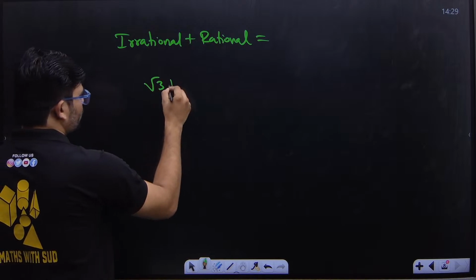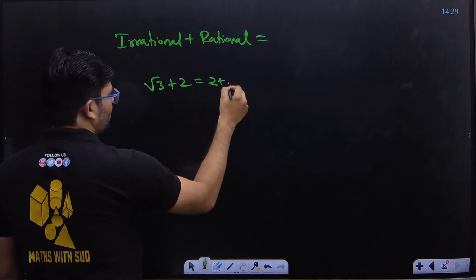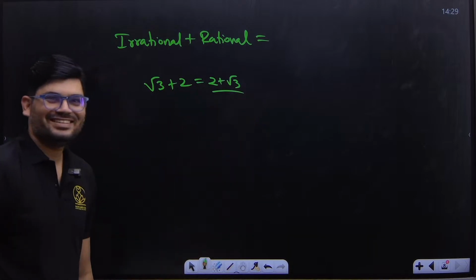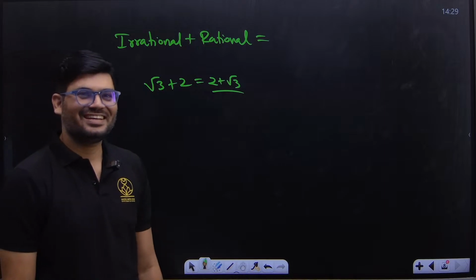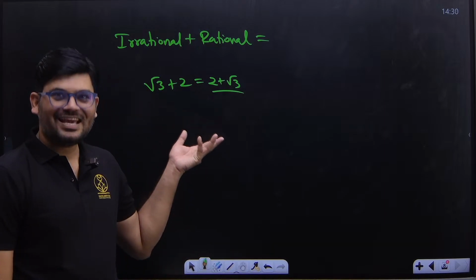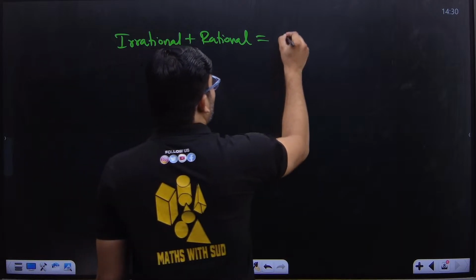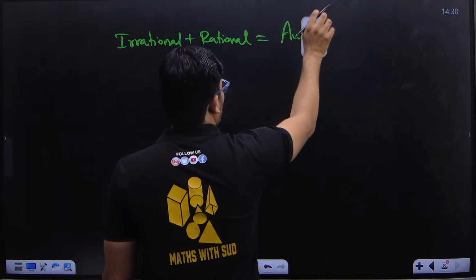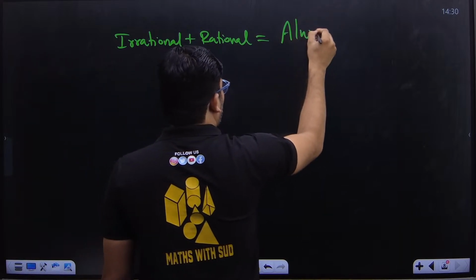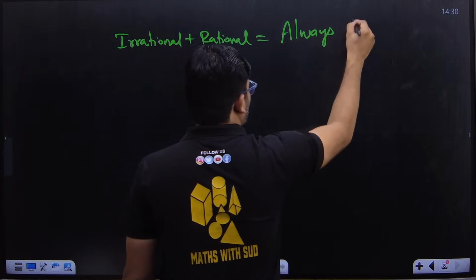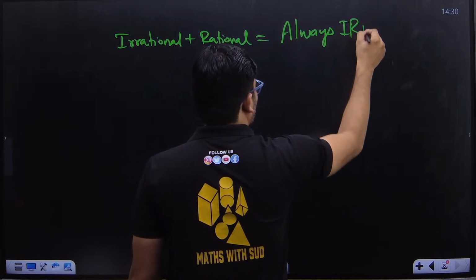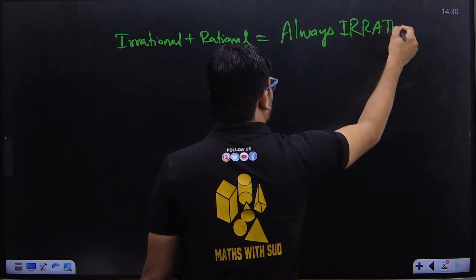Root 3 plus 2. The answer will be 2 plus root 3. That's irrational. So irrational plus rational will always be irrational. You can put a star. Are you getting it?